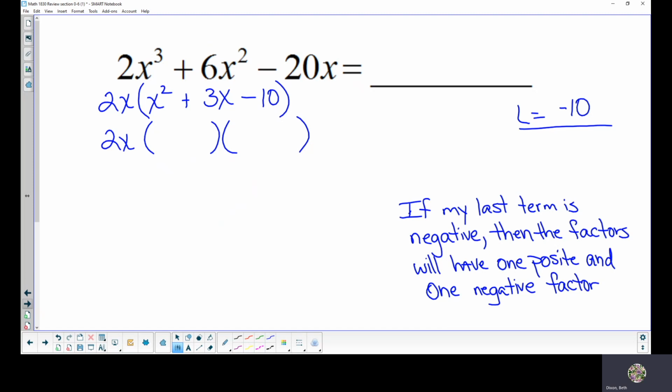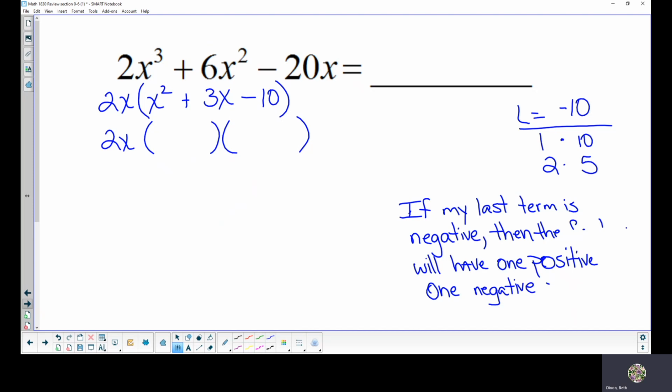In other words, to get a -10, we can have one of 2 number combinations. We can have 1 times 10 or 2 times 5. Those are the numbers. But to get a -10, one has to be positive and the other one has to be negative.